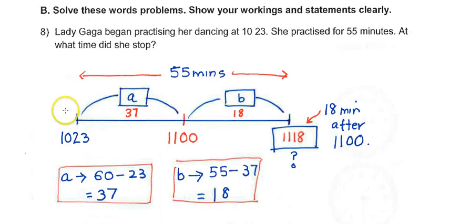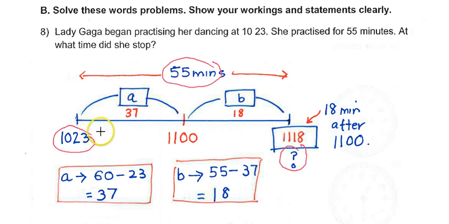Now for this, how do you find A? But before that, maybe we have to get your understanding. The starting time is given, the duration is given, find the ending time. So try to do this. What you need to do is find the next o'clock.